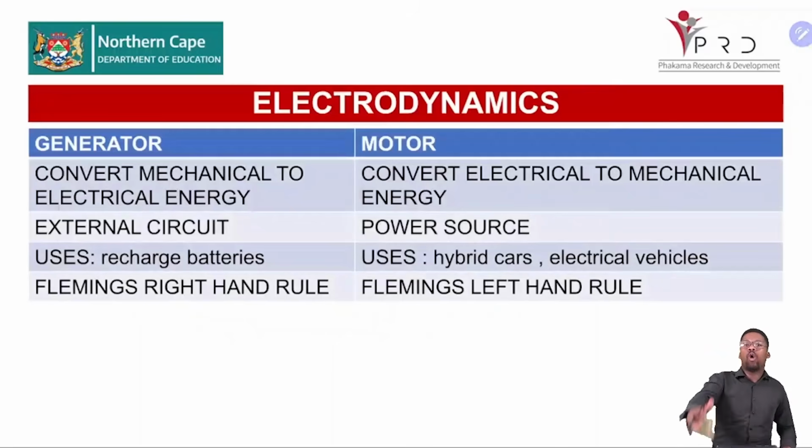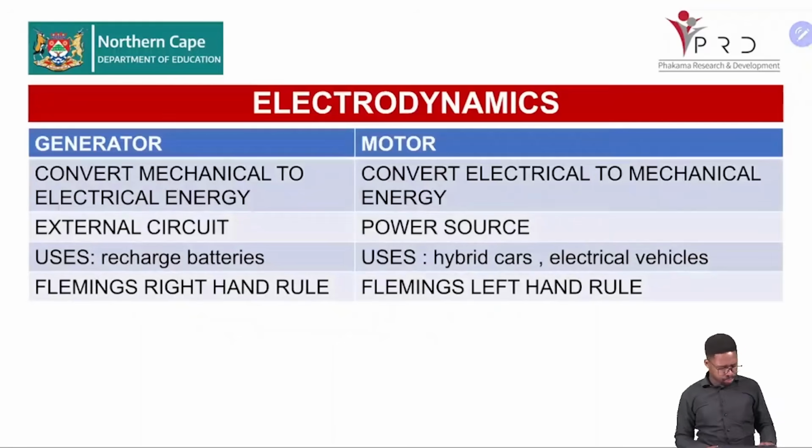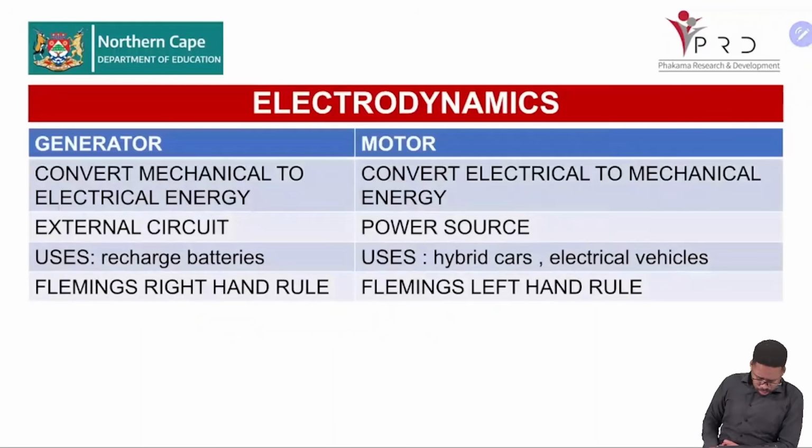A motor will have a battery. When you see a battery, you know it's a motor. If you see a circuit, a light bulb, you know that is a generator. To determine the direction of the current for the generator, we use Fleming's right-hand rule. That's what we did in grade 11. To determine the direction of force for a motor, we use Fleming's left-hand rule.